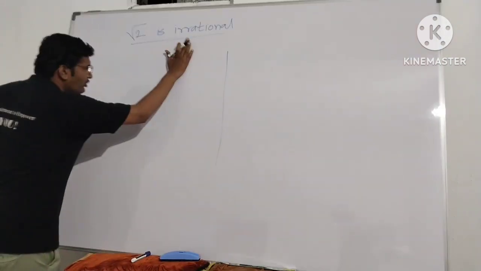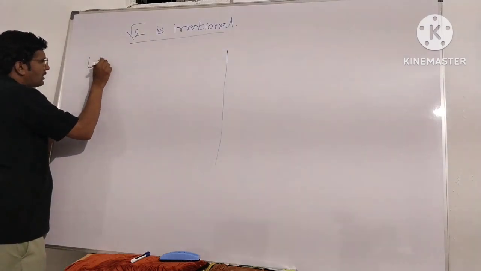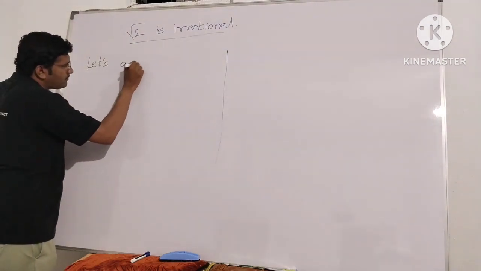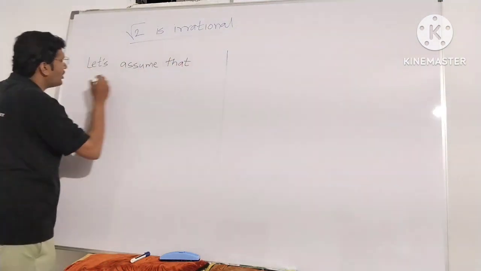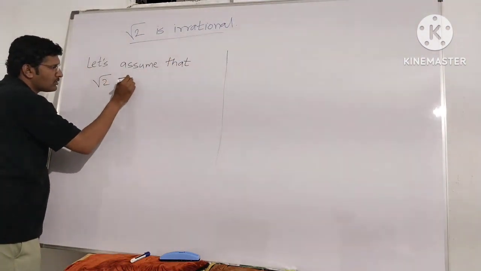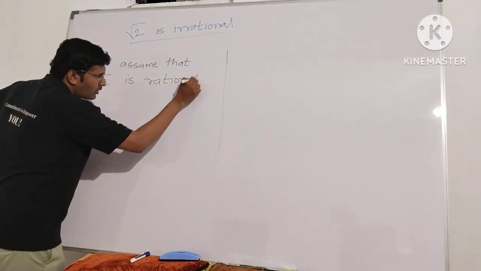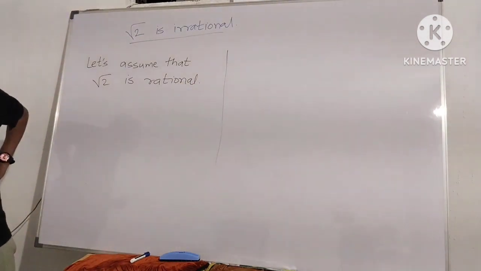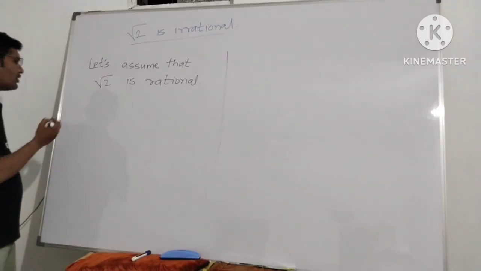So let's prove this. First we assume that root 2 is rational. If root 2 is rational, we can represent it in the form of p by q.